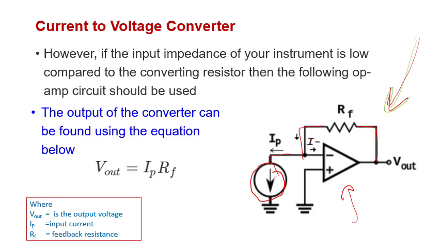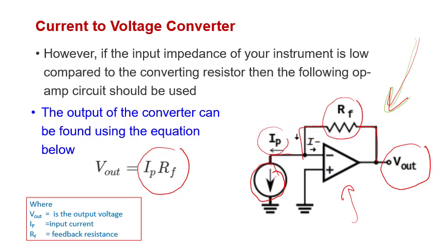The output voltage here is equal to IP times RF. That means whatever the current IP is, it is converted to a voltage. Something very simple, where Vout is the output voltage, IP is the input current to be converted, and RF is the feedback resistance of the amplifier.